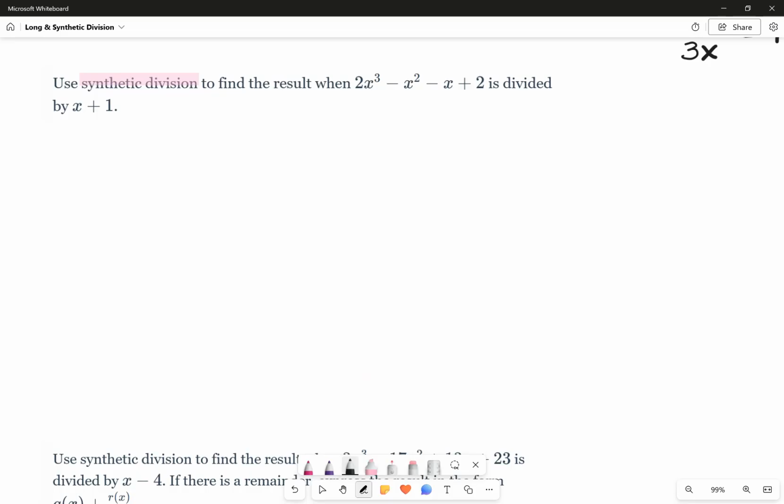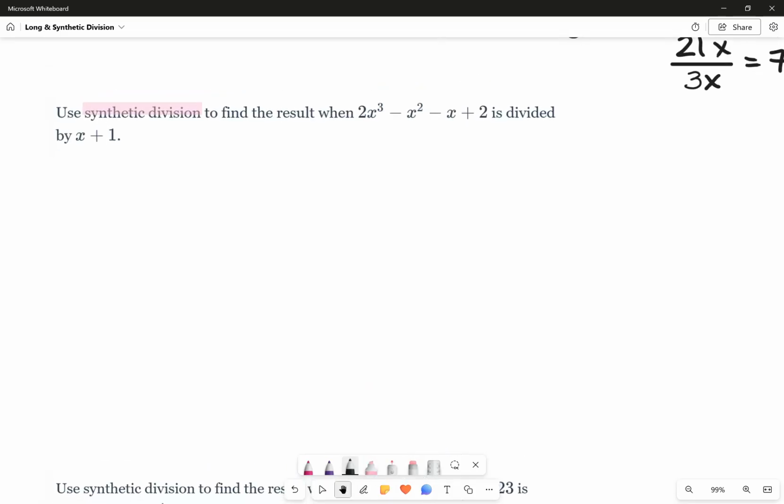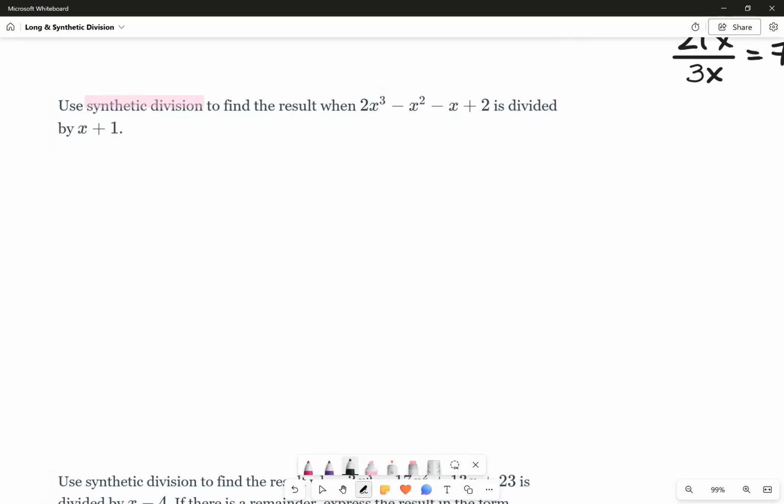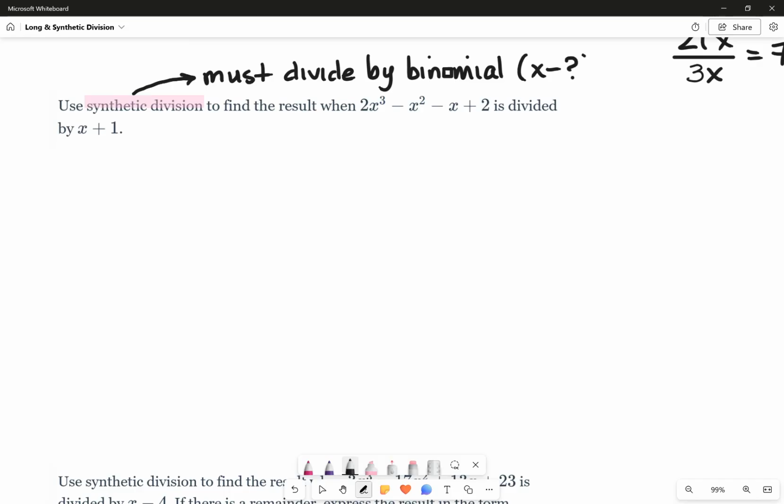When dividing using synthetic division, you have to divide by a binomial. So two terms, a binomial that looks either like x minus some number or x plus some number.